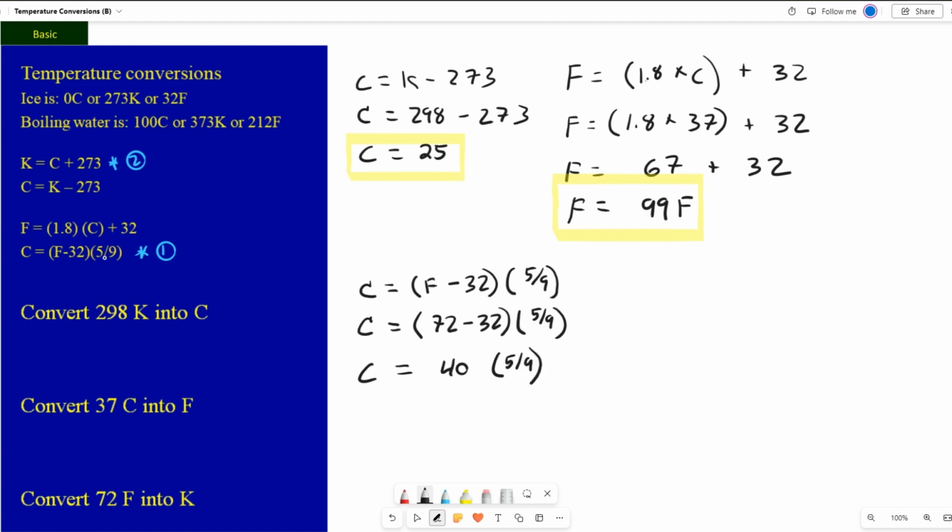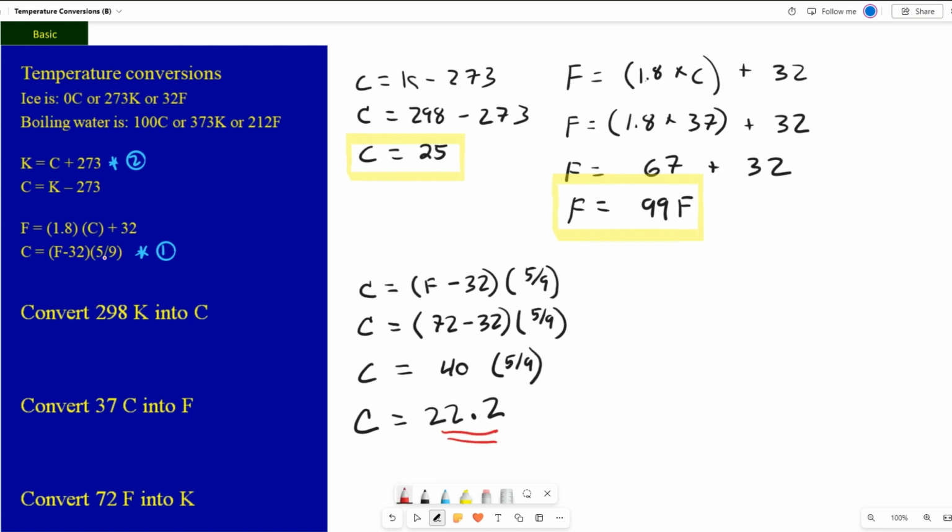If you take 40 times 5, you get 200, and if you divide it by 9, you get 22.2. So if you had 72 Fahrenheit, you would get 22.2 Celsius.